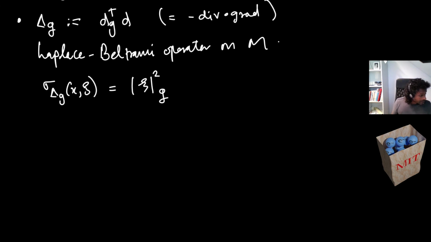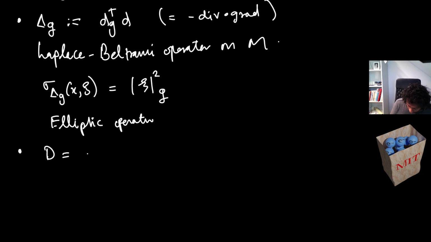Okay. And one can see that this is in fact an elliptic operator, because for non-zero psi, this is invertible, right? This principal symbol is invertible. So we've met our first elliptic operator.